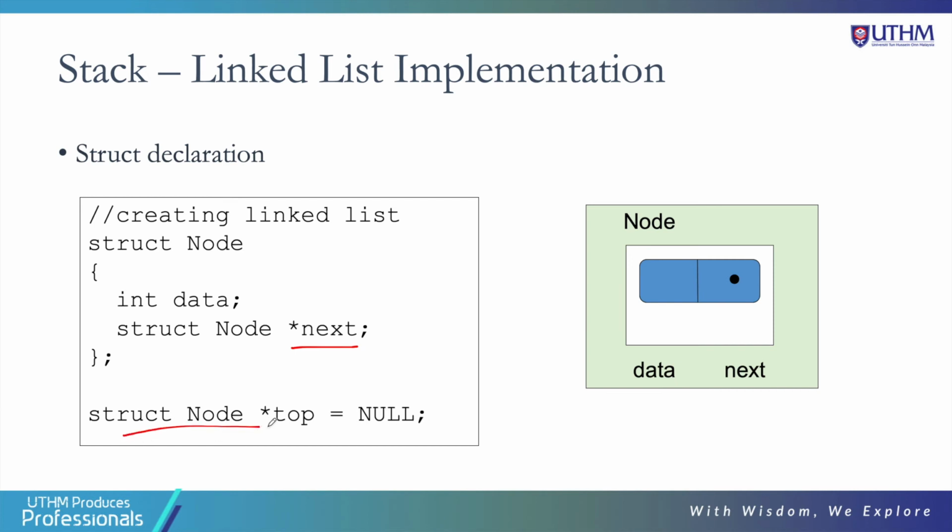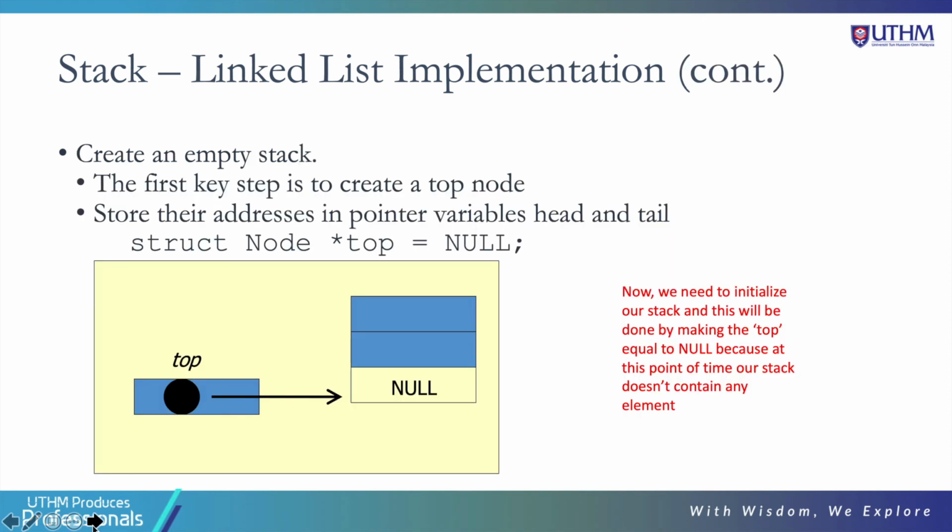And then we create a node, another instance of node, called top. This is the one that will be pointing or traversing from one node to another node, equal to null. So this is outside the main. We need to create the top node, which is equal to null.